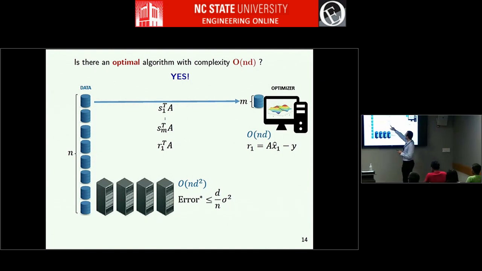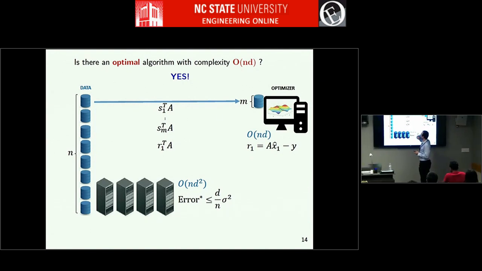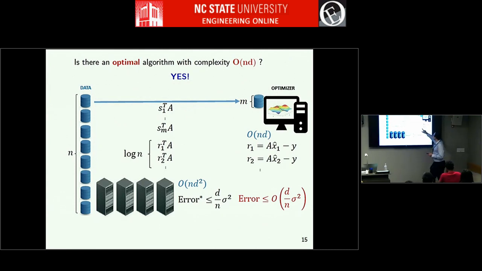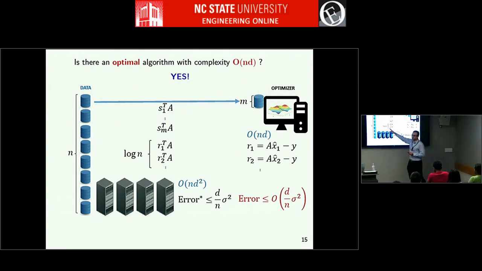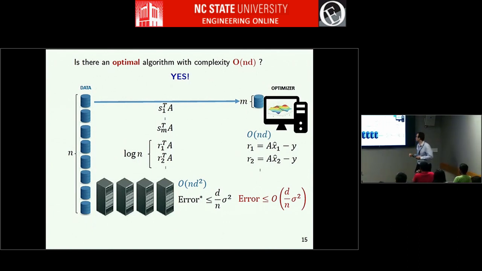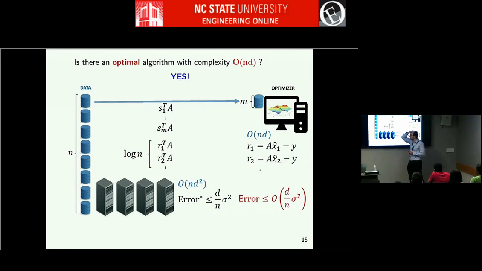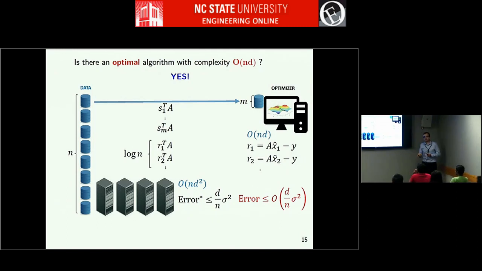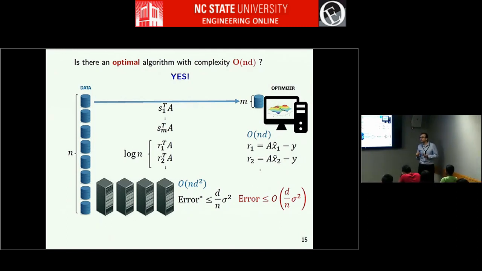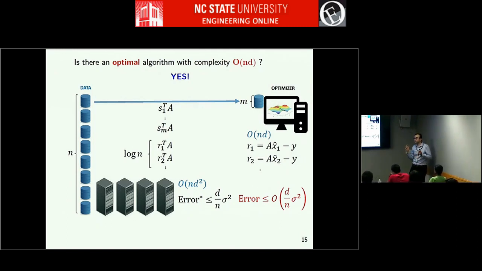And then get this: instead of the sketch, multiply with the residual, and then get the second residual and iterate. Okay, so after the sketch, start multiplying with the residuals. And if you do this only log n times, logarithmic in n, you will achieve optimal statistical estimation. And this algorithm will still be linear time, order nd.